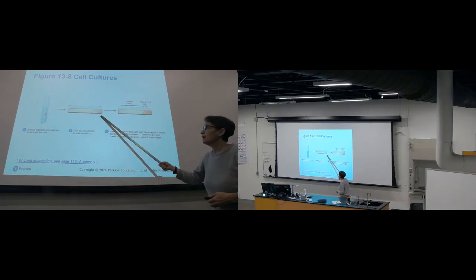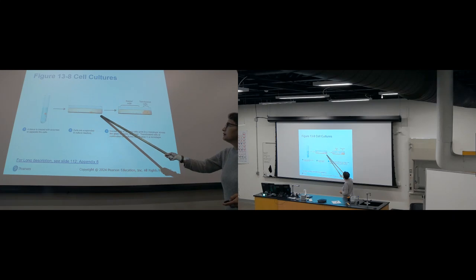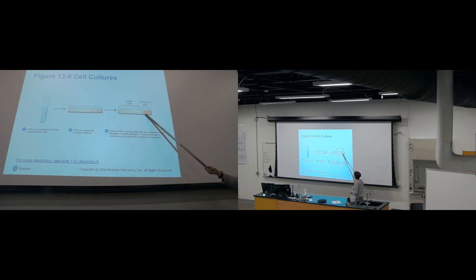Then you can put them in this new flask with culture medium, and you would have either monolayer cells in these primary cell lines, or, for these secondary cell lines or cancer cells, you can have multiple layers.